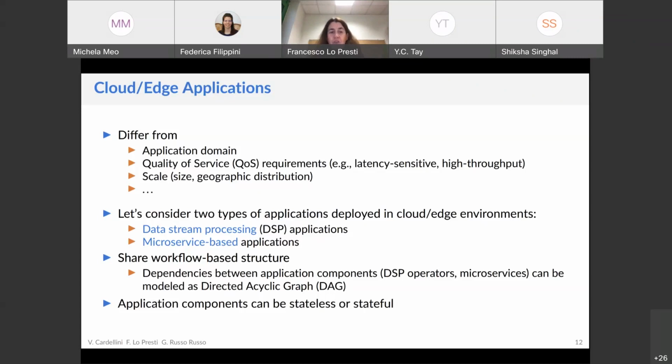In our tutorial, we will consider two specific types of distributed applications that are deployed in cloud and edge environments. And in particular, we will consider data stream processing applications and microservice-based applications.